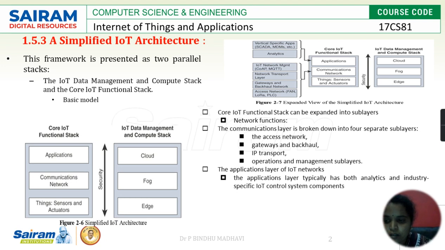So this application layer completely deals with data analytics, data components, both the analytics and the control system. Like we know, security is also a prime component. For the entire architecture, security will be taken care of both from the network connectivity and from the data management perspectives. So in detail, the role played by the core functional stack we will see further.